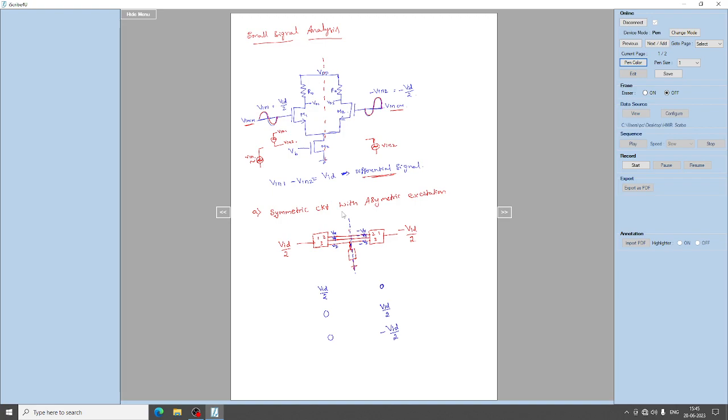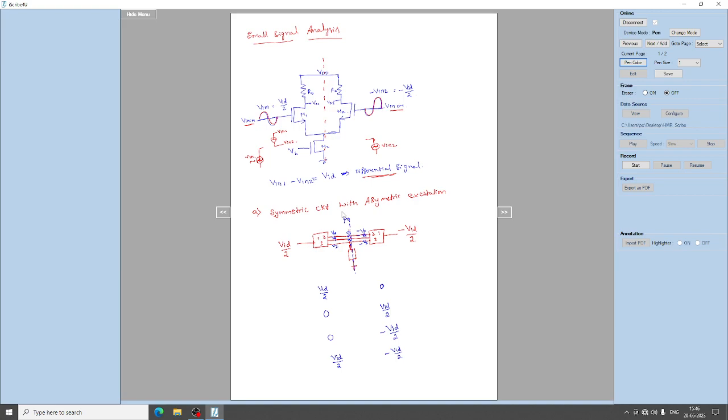So now if I apply the input at the same time, that is I apply the input VID by 2 to the left amplifier and minus VID by 2 to the second amplifier, what happens? The output at this symmetric node will be what? Vx plus minus Vx, Vy plus minus Vy, it will be 0, right?